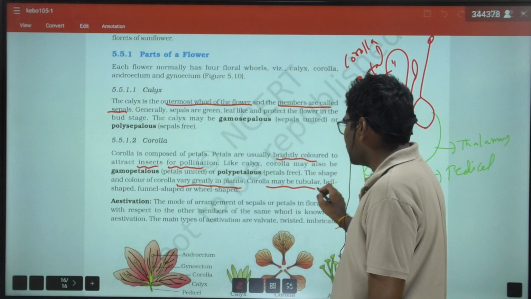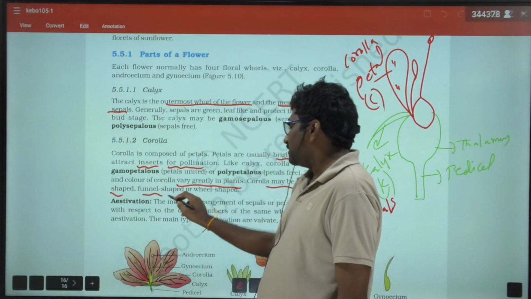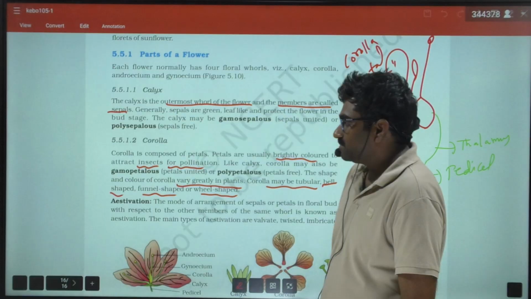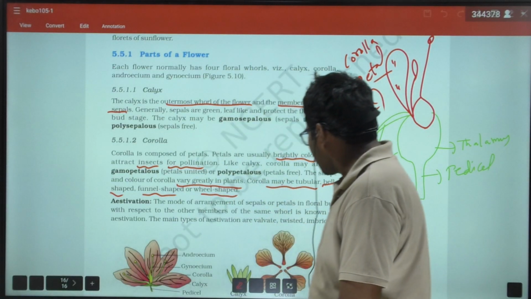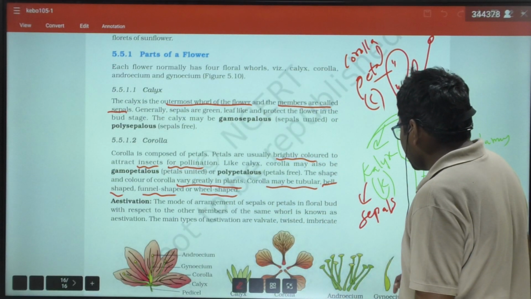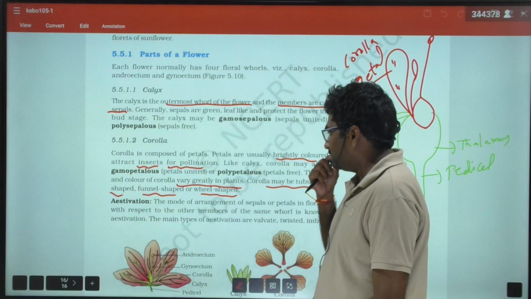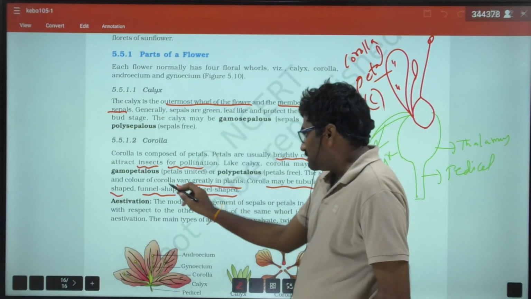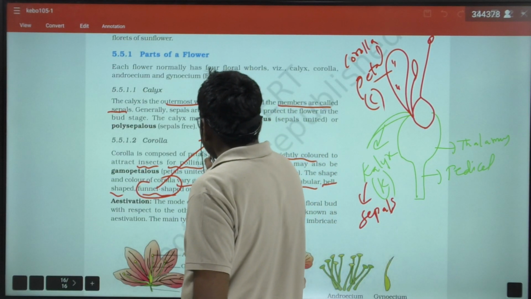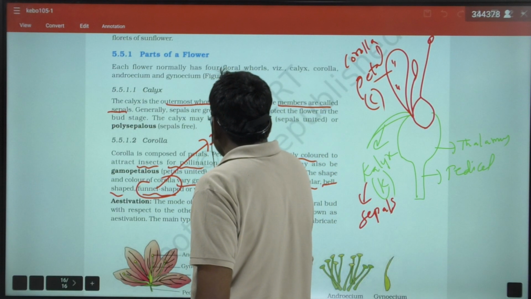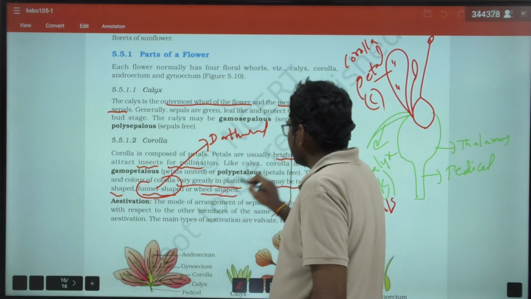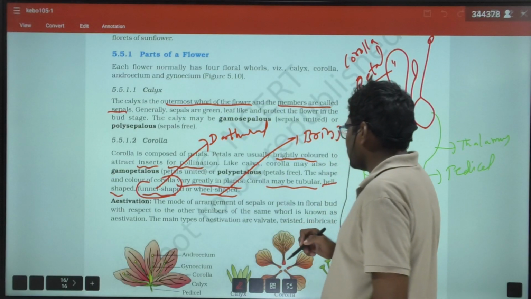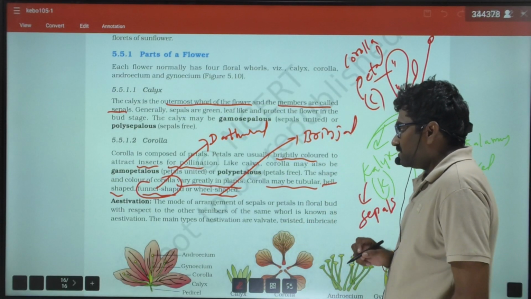Corolla may be tubular, bell-shaped, funnel-shaped, or wheel-shaped. Tubular-shaped corolla is found in Asteraceae family members, whereas funnel-shaped corolla is found in Datura, Solanaceae, whereas wheel-shaped corolla is found in brinjal. It is also found in the Solanaceae family, right?